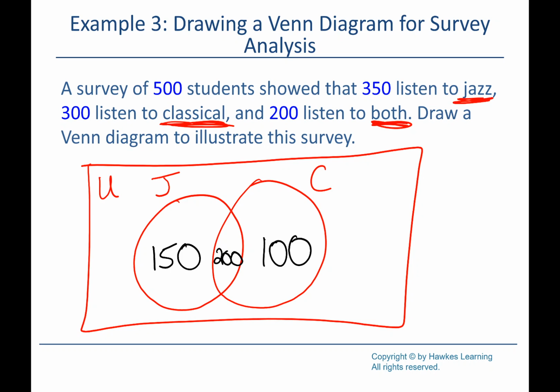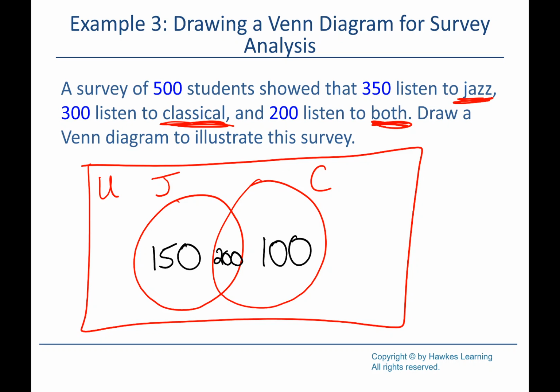And then we can really go one more step on this one because it tells us the total of how many people were in the survey. It doesn't mention it, but it's possible we had some that said they don't listen to either. So how do we check that? You can either total this up and then subtract, or you can subtract each one.